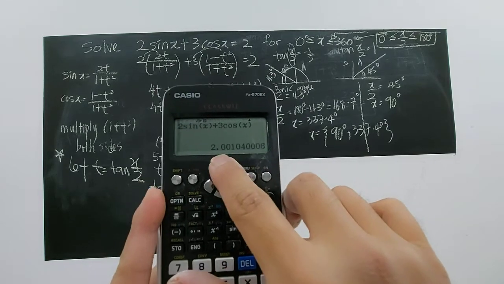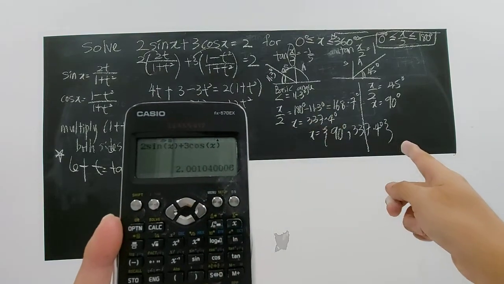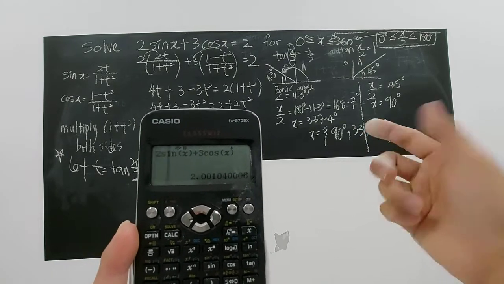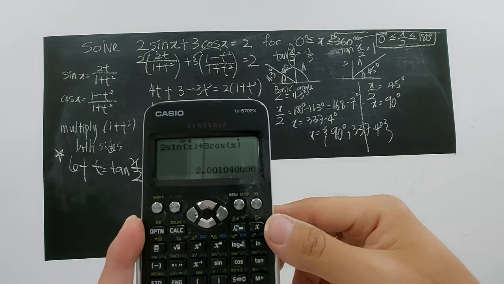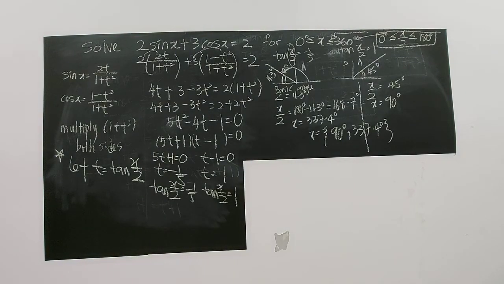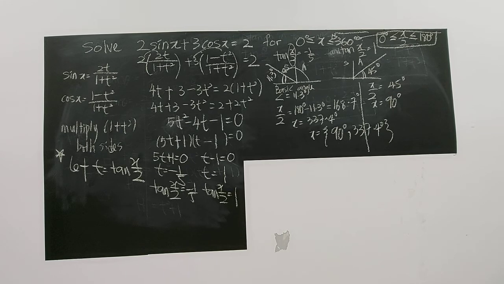Why? It's still 2, because this is an answer that you rounded off, where the accuracy may change. So I think that's the way for you to check the answer. So this is how I solve this equation. Okay, see you in the next example.